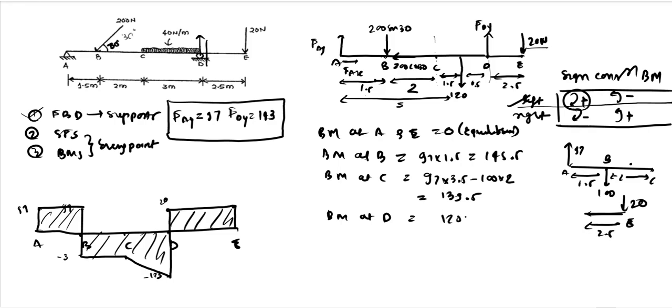So we can directly write that it is nothing but 120 into 2.5, but it is clockwise, so it will become negative now. Because if you are considering force on the right and it is clockwise, then it will be negative. So 120 into 2.5, we have 300, minus 300 at D.